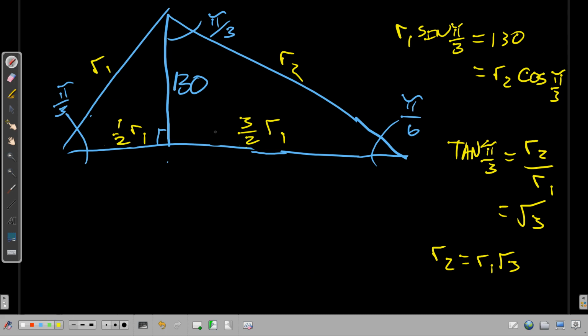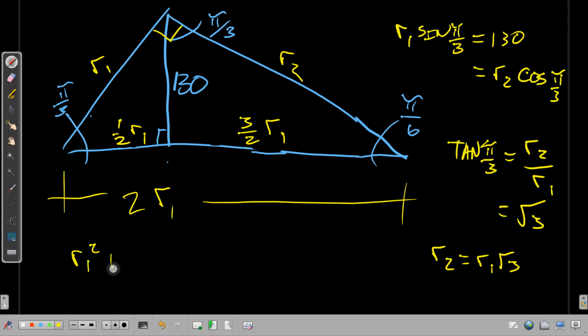I'm hesitant here because I just saw a different, perhaps a different approach that would have been better. We'll see. But this length is 2R1, but let me point out that that's a 90-degree angle right there. So then R1 squared plus R2 squared is equal to 2R1 squared, which is 4R1 squared.